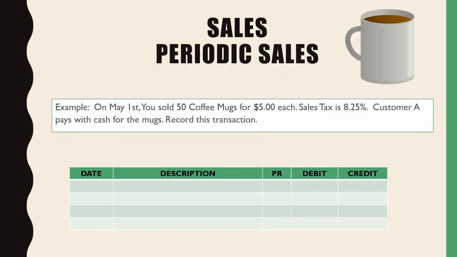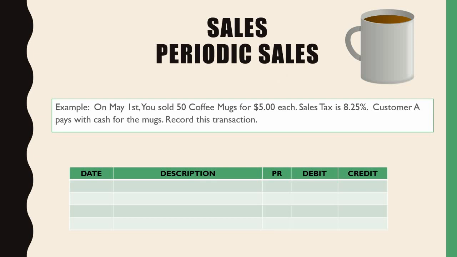All right. So let's go ahead and take a look at this example here where let's first sell an item and then see what happens when we actually return the product, okay? So for example, here on May 1st, you sold 50 coffee mugs for $5 each.